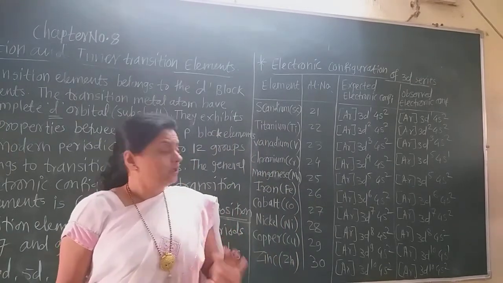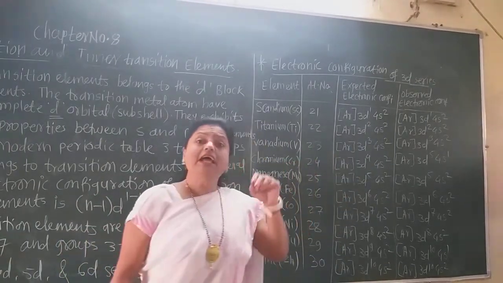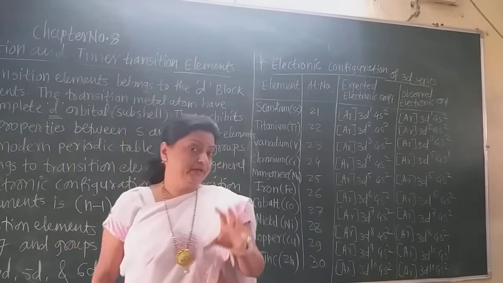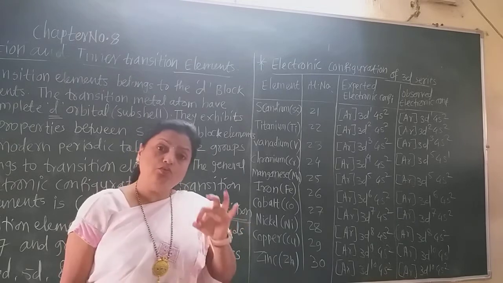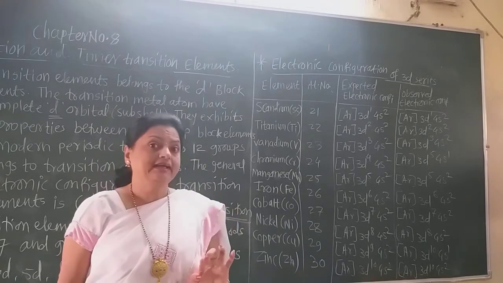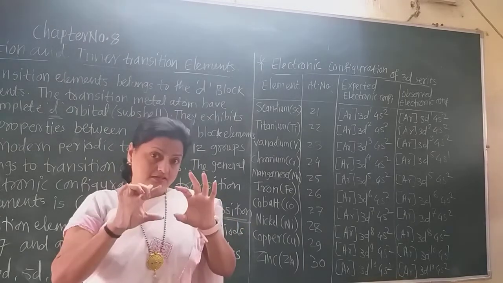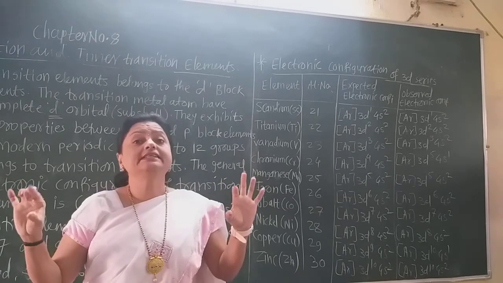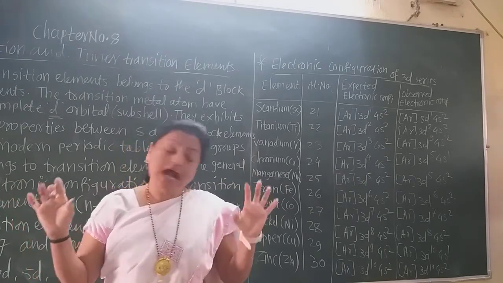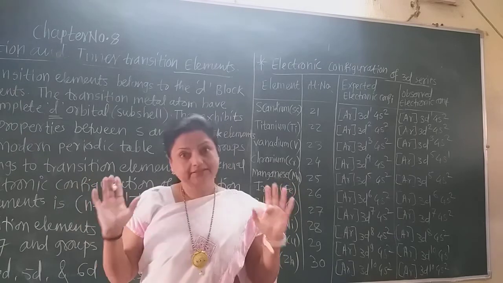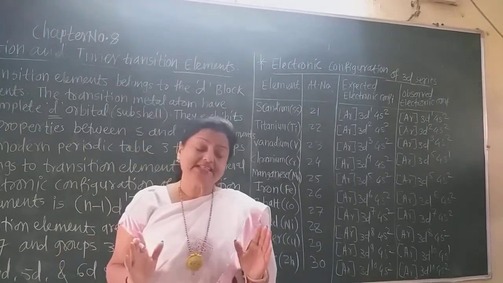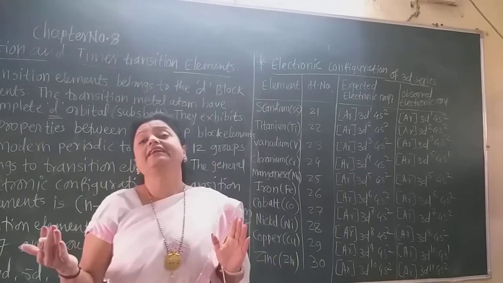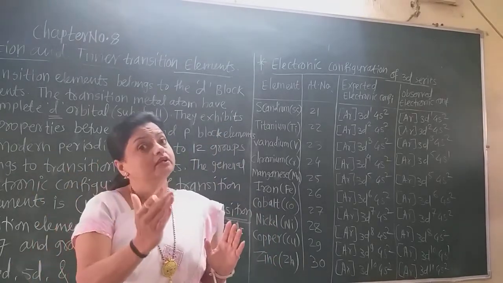But the d subshell has 5 orbitals, and if each of the 5 orbitals has one electron, then that d subshell is half filled, because half filled orbitals or subshells are more stable than partially filled orbitals.